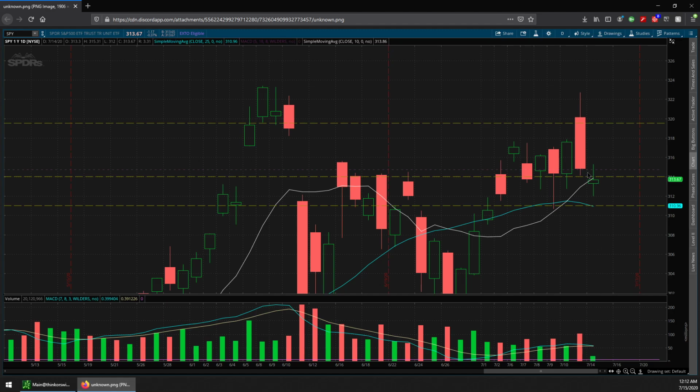The volume was rising and coming in, and that told me that if we could get above that 314 line, then we could come back up into any of these little areas here.